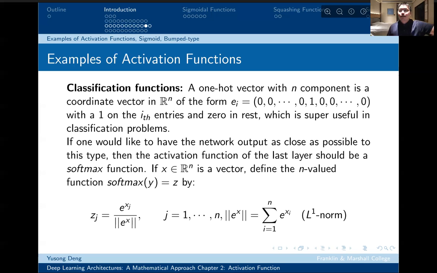And if x is a vector in n dimensions, define the n-valued function softmax, where the j-th component equals e to the power of x_j, divided by the norm of e to the x. Here we use the L1 norm, but actually other types of norm can also be used as well.